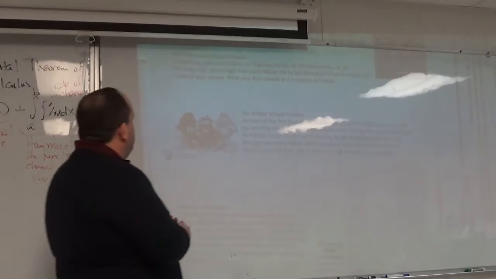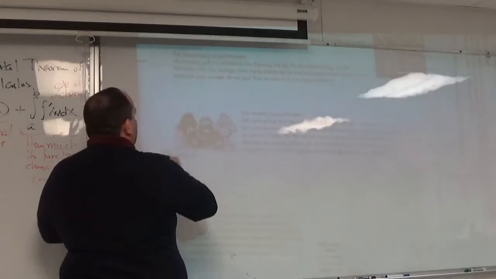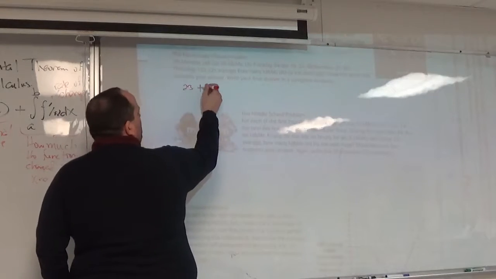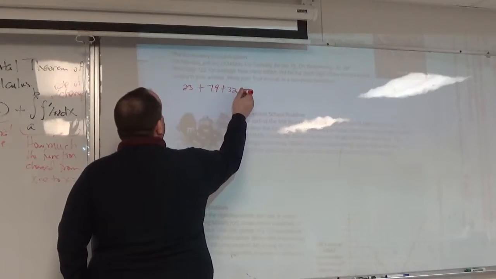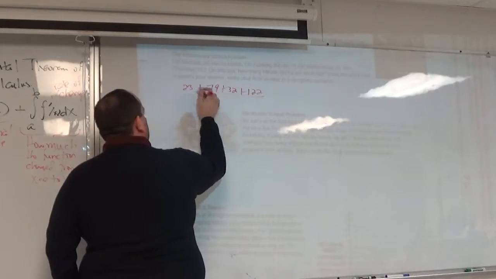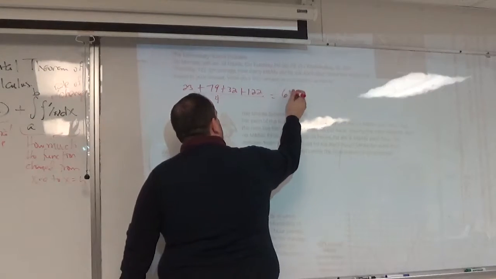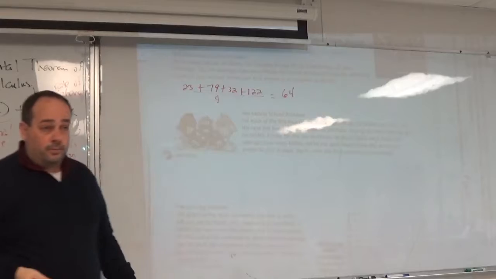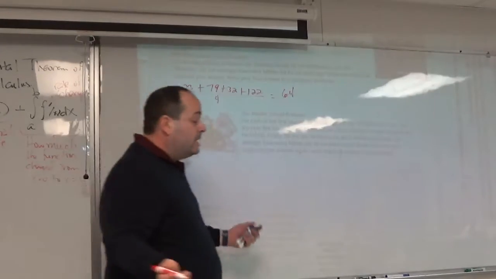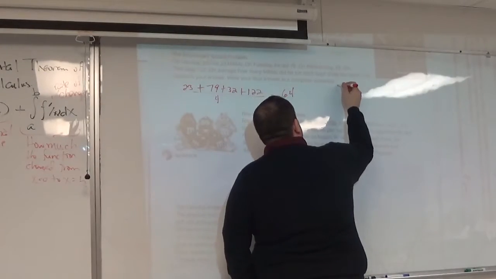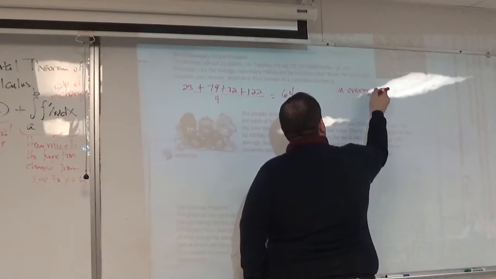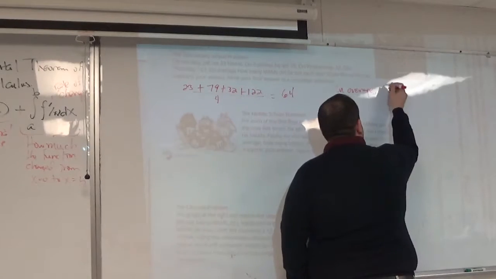Okay. Just about everybody that I've seen has said, okay, we've got 23 plus 79 plus 32 plus 122, and we divide by 4 to get 64. 64 is the average. What I want to see as an explanation is, start with on average, what happened?